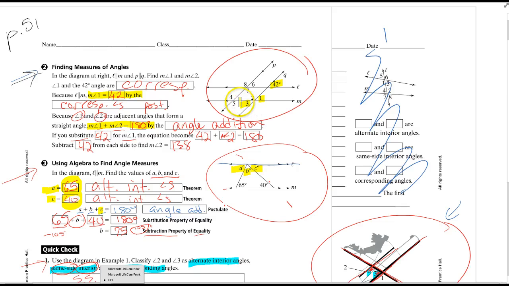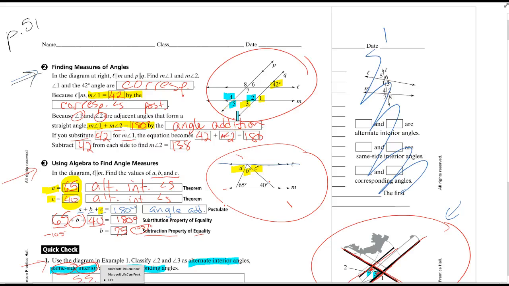Angle 4 is corresponding with angle 2. So since angle 2 was 138, angle 4 has to be 138. Angle 5 is vertical with angle 4, so that's also 138.